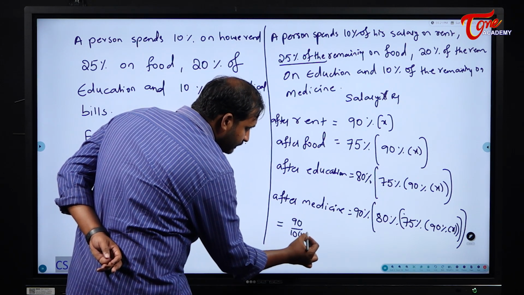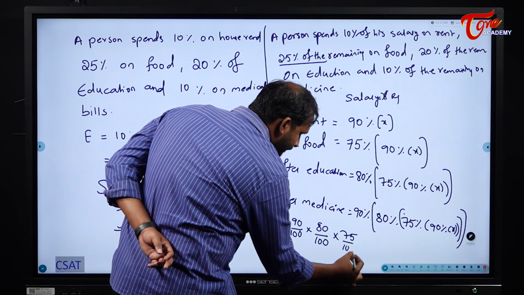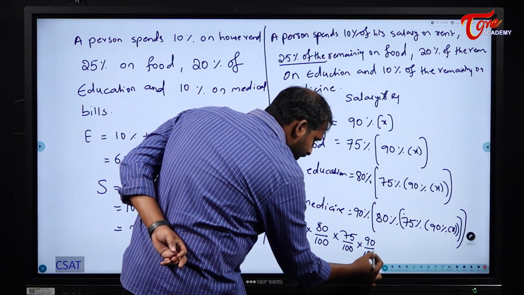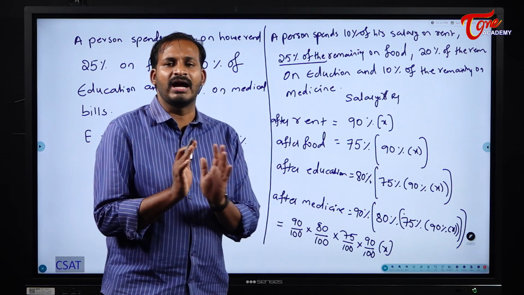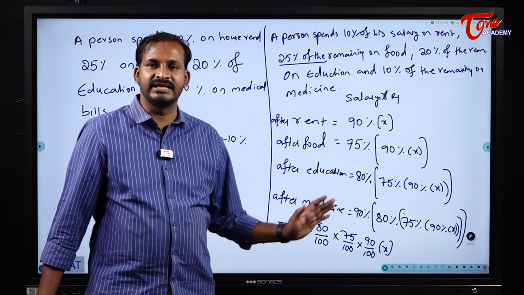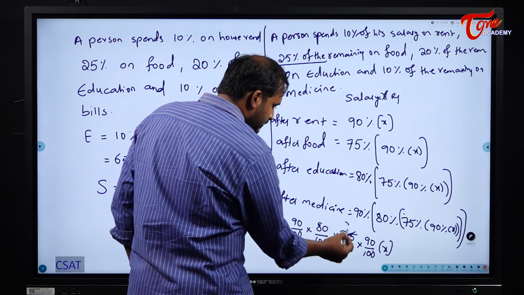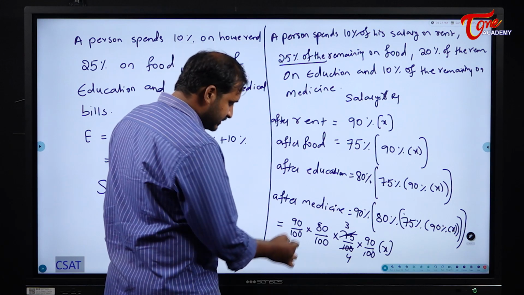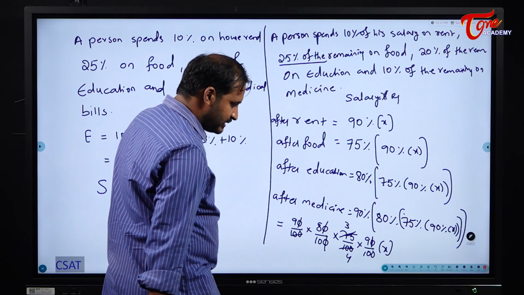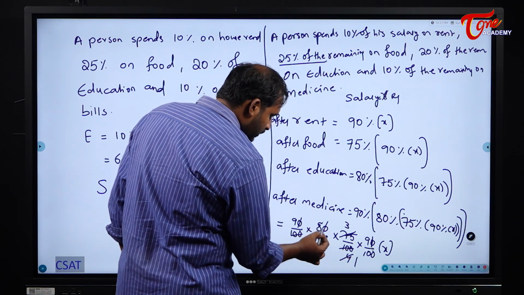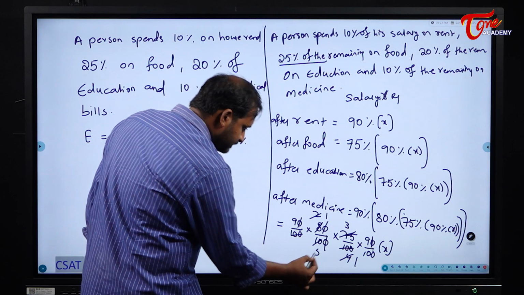90% means 90 by 100 into 80 by 100 into 75 by 100 into 90 by 100 times X. My one suggestion is, if you want you can cancel everything, but make sure that you put 100 aside. Why? Because directly we can write the percentage at the end. Now see here, 25 3s are, 25 4s are. Next, 2 zeros get cancelled. 4 1s, 4 2s. 2 1s, 2 5s.